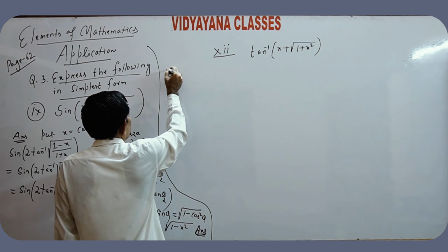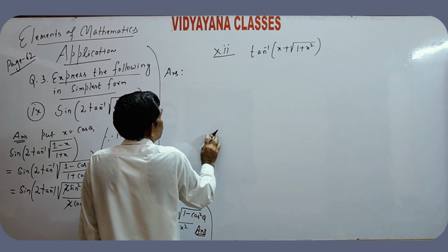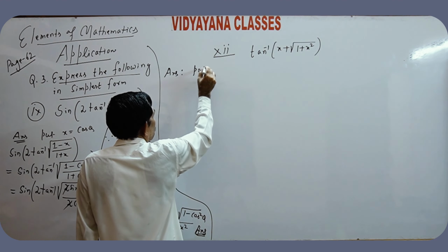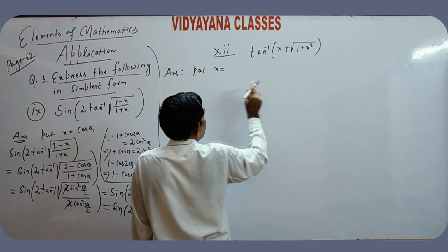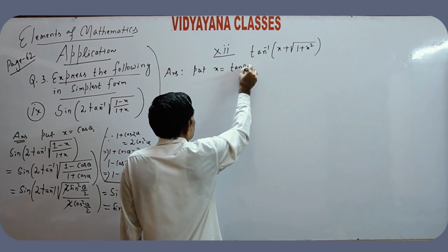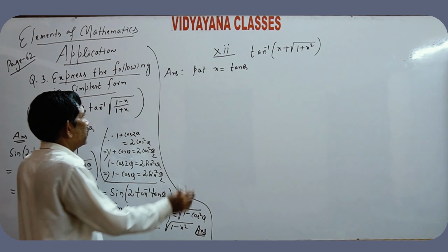Twelfth bit, answer. Put x is equal to tan theta. X is equal to tan theta.